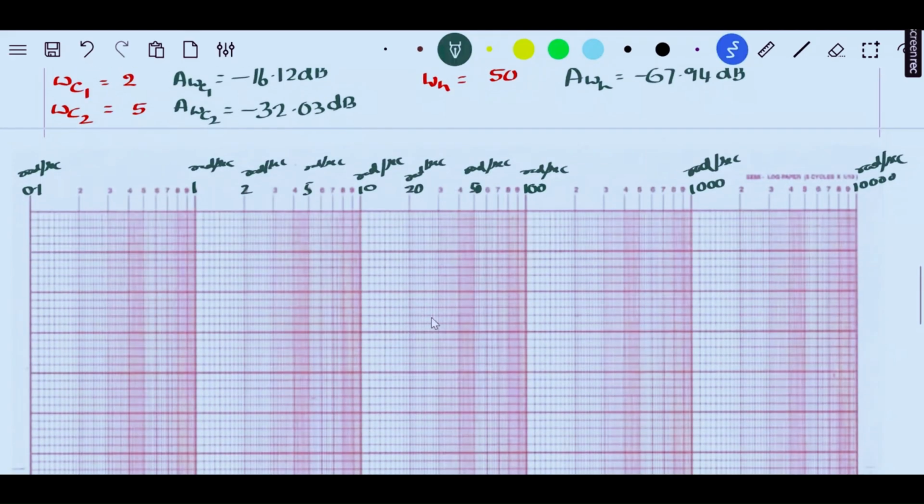So what I do is I will start this as 0 dB line. This point is 0 dB.